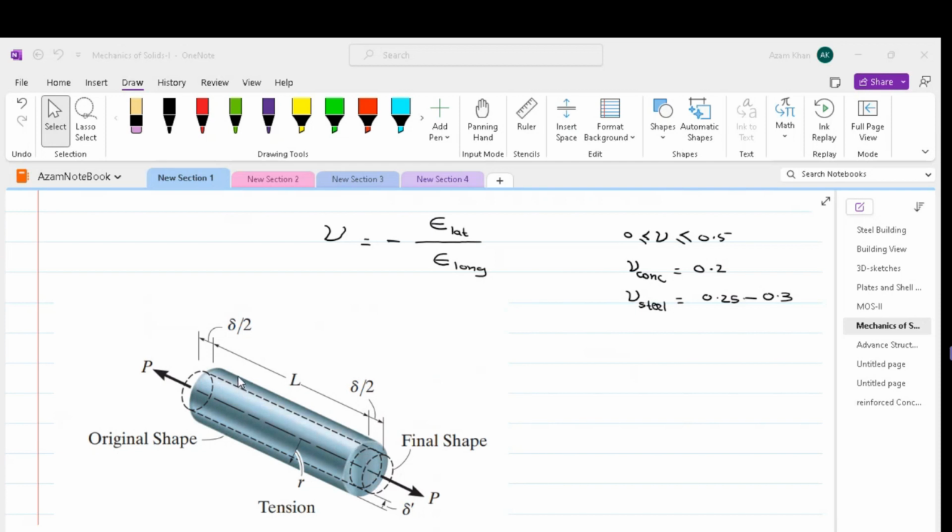However, in the transverse dimension, we will have squishing, as we can see that the area or geometry is getting reduced. That is shown by delta dash. This is also termed the lateral strain.